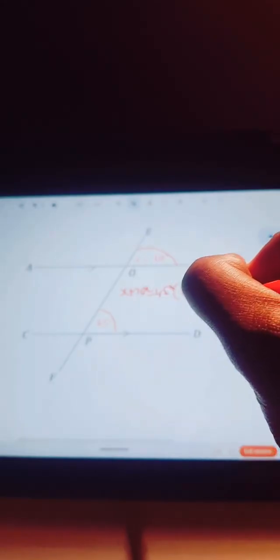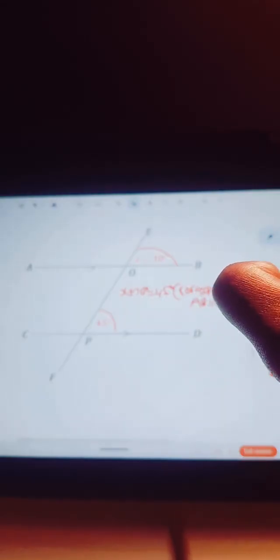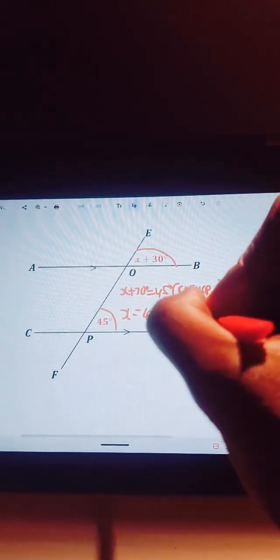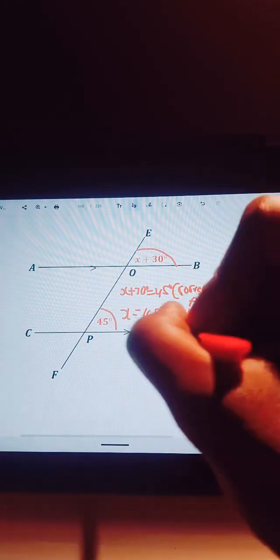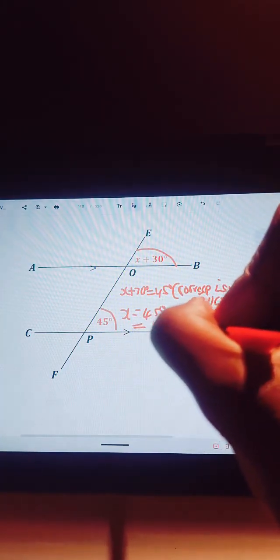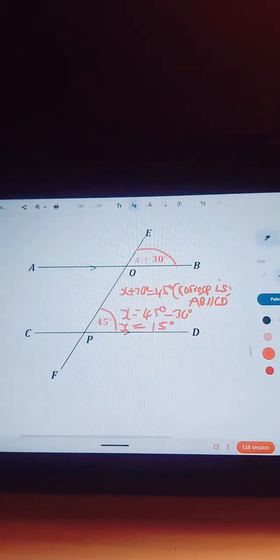Reason, corresponding angles. We state the lines that are parallel. AB is parallel to CD. Then we solve for x. 45 degrees is retain the sign, take the 30, changes the sign. 45 minus 30, that is 15 degrees. So x is equal to 15 degrees.